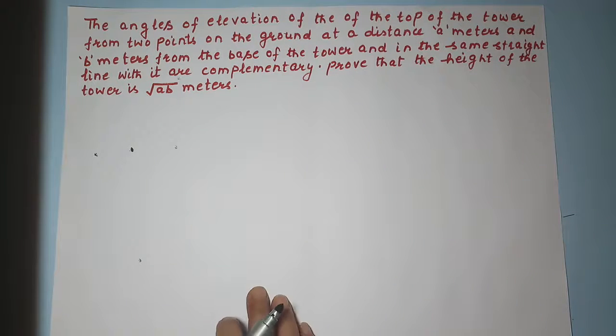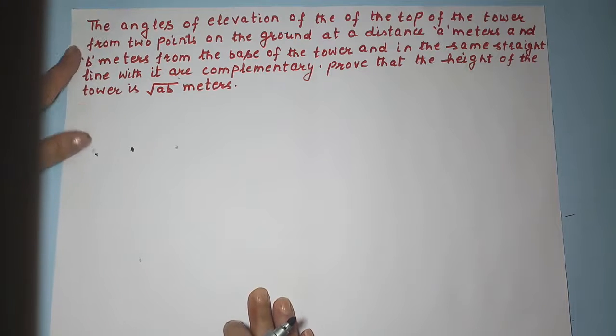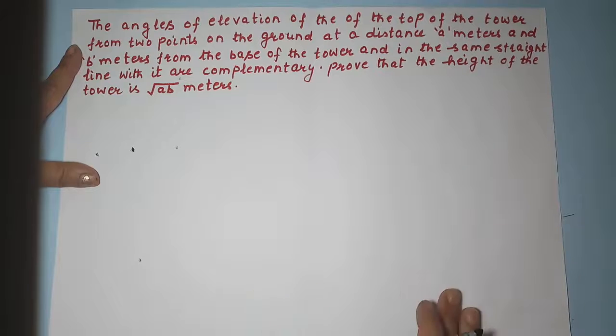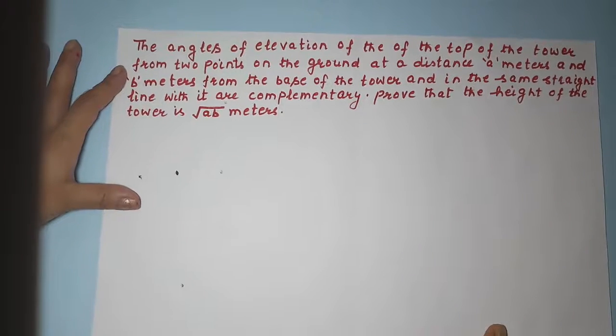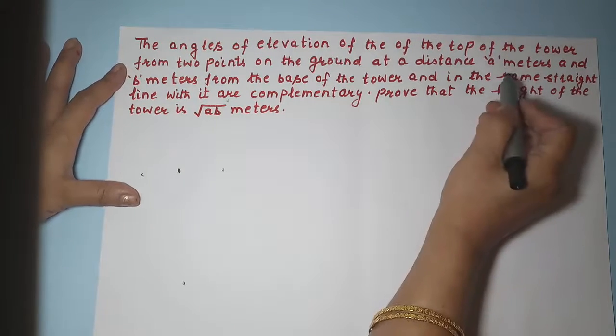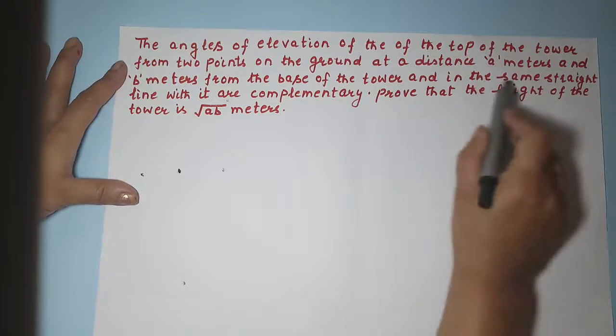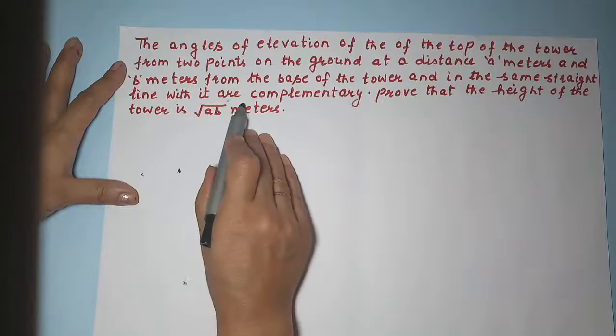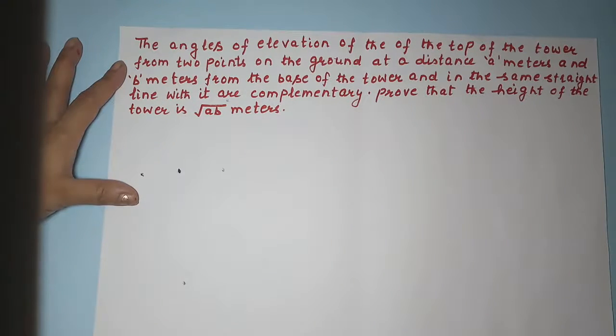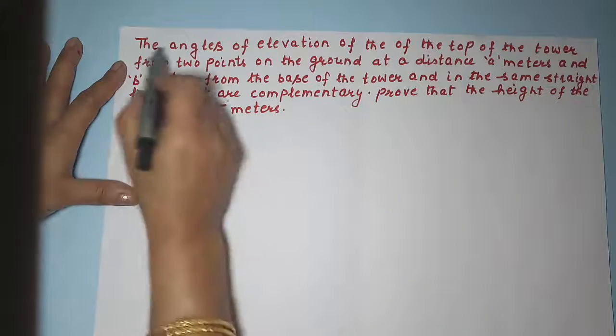We have one more. He's saying that the angles of elevation of the top of the tower from 2 points on the ground at a distance of a meters and b meters from the base of the tower and in the same straight line with it are complementary. So let's read the question in parts.